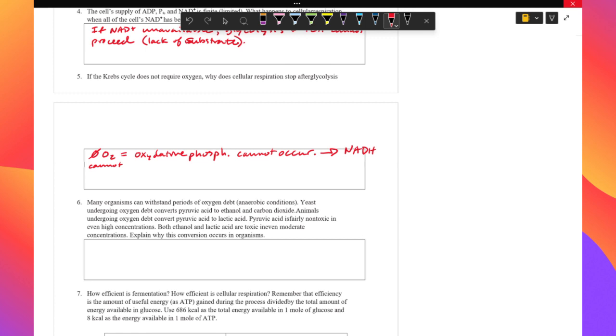As a result, NADH produced in glycolysis and the Krebs cycle cannot be oxidized to NAD+.